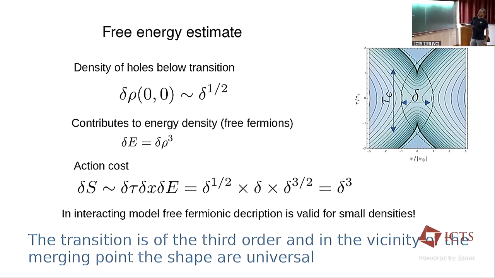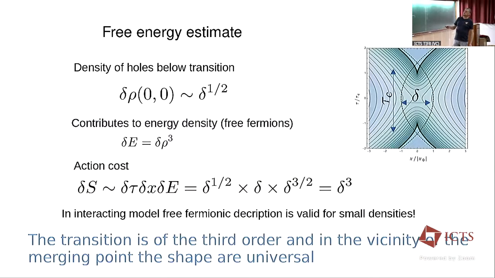The area in which the density is different from what it was before the transition, namely rho equals 1, is given horizontally by delta and vertically by square root of delta, because these two naive Arctic circles, or any smooth figures, have parabolic shape. I can estimate the area of this region by multiplying delta by delta^(1/2), so delta^(3/2).